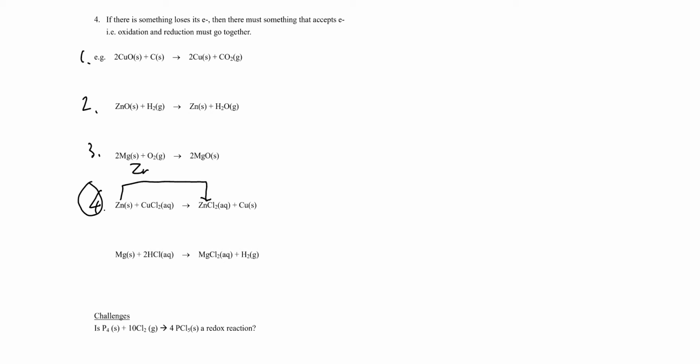Here zinc has lost 2 electrons to become zinc 2 plus. So zinc loses electrons in this reaction and we call it oxidation. Okay, so zinc has undergone oxidation.